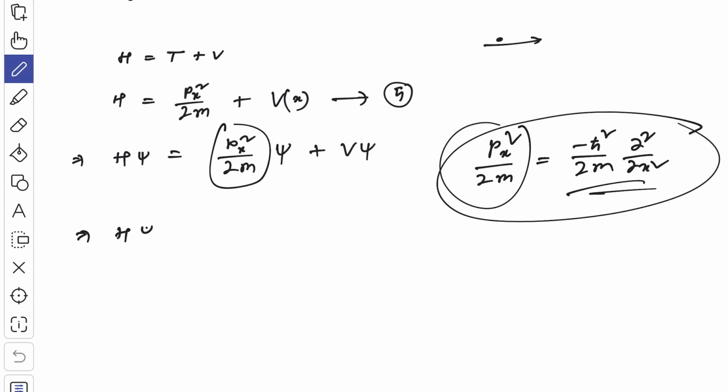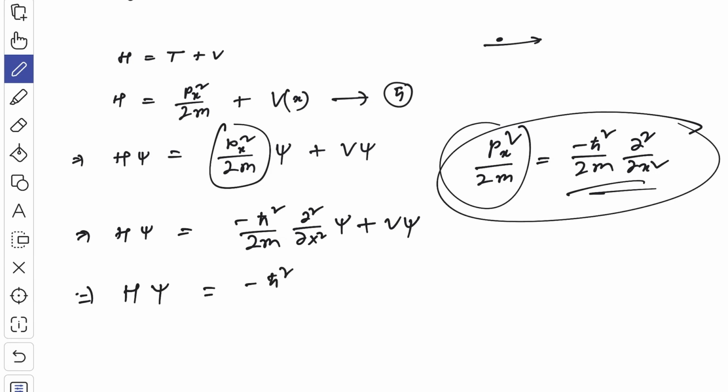You will get H psi is equal to minus h cut square by twice m, del 2 by del x2 psi plus V psi. So here you can write this way: H psi equals minus h cut square by twice m second order derivative with respect to x plus V, whole into psi. That's how you can write.